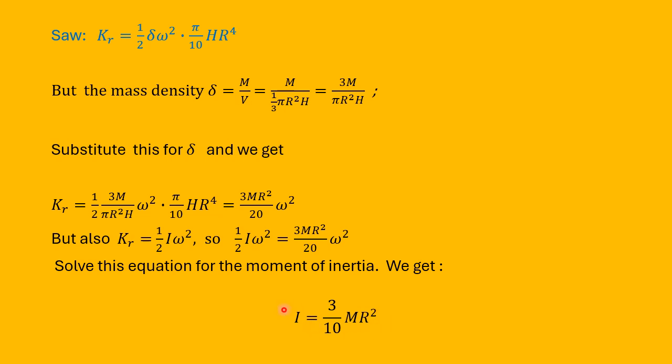This is the same result that we got when we solved this cone problem using cylindrical coordinates. So it should not be a surprise. We were solving the same problem twice, once with cylindrical coordinates in a previous video, and this time in spherical coordinates.